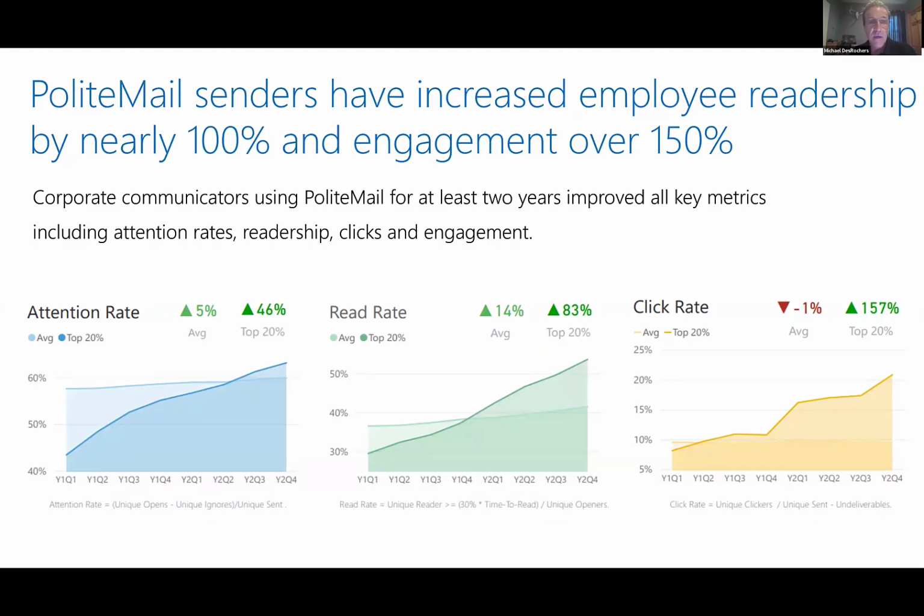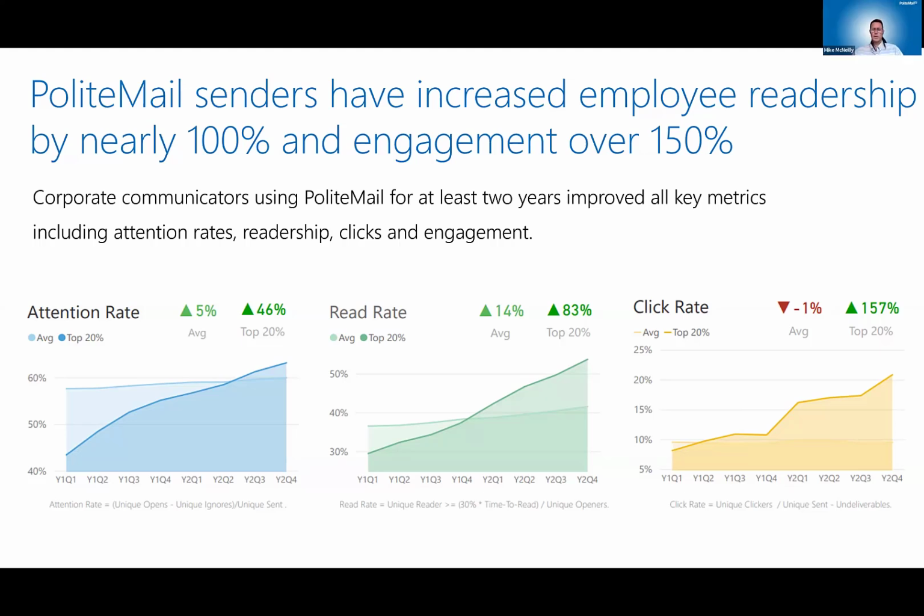And with Polite Mail, what we do is monitor where clients start and where they are after a couple of years. And these are average improvement rates in attention, readership, and engagement. Obviously, there's a big difference between average, which is middle of the road, and the top 20%, who improved quite a bit.